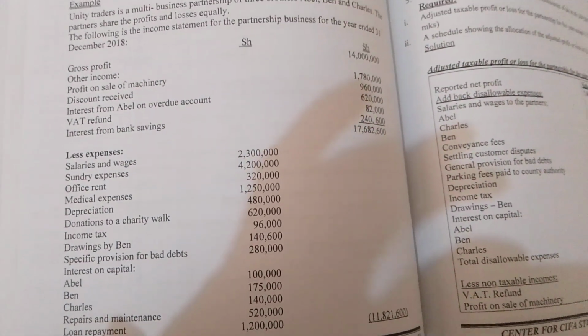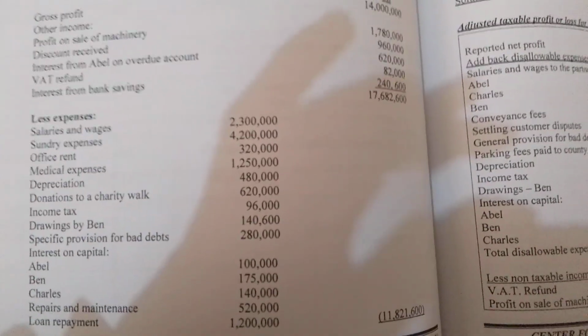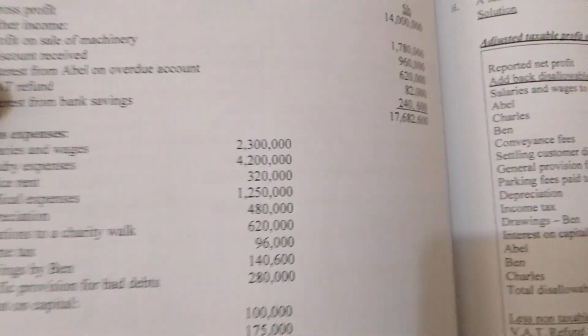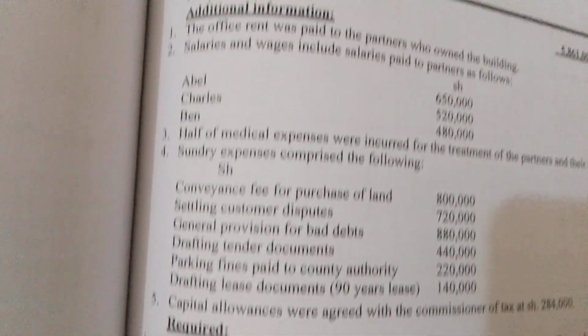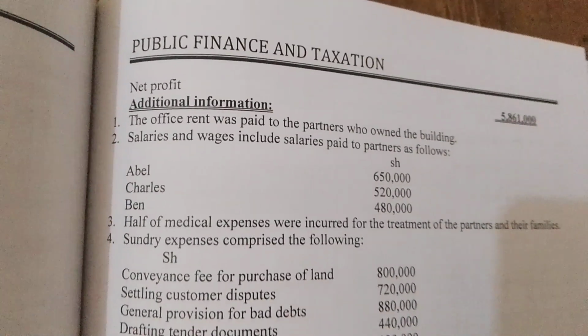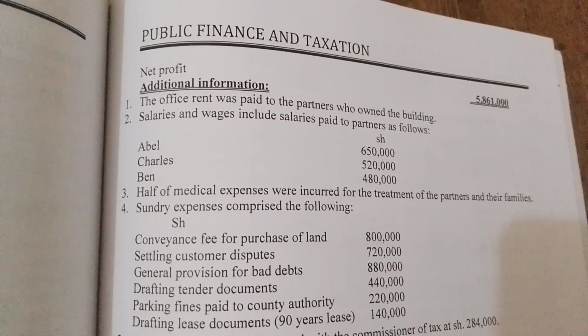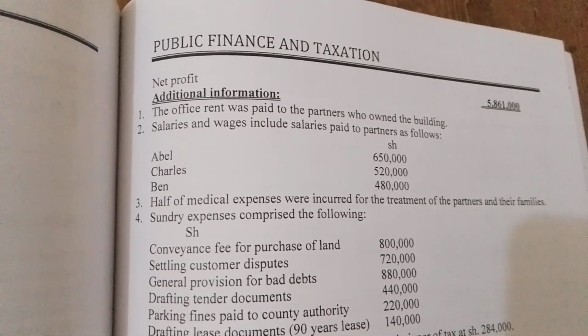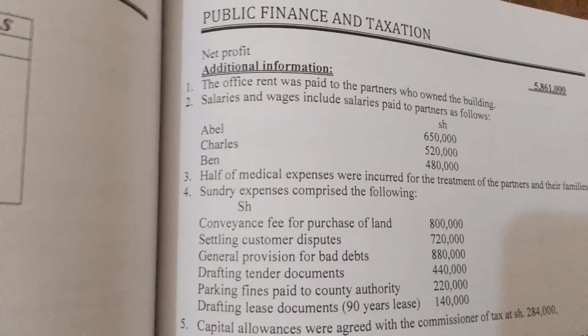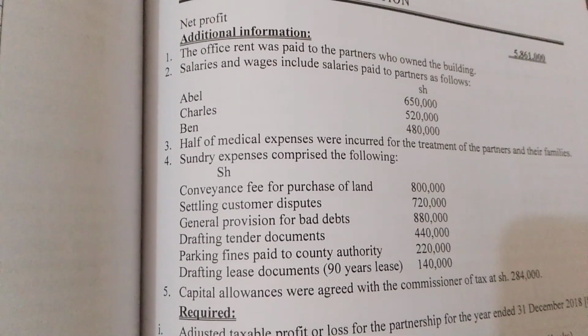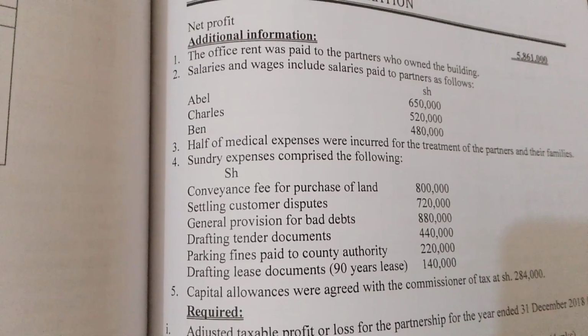So on that, you can see the question there. Now the question continues on the other page, whereby we are given net profit 5,861,000. Additional information: the office rent was paid to the partners who own the building.